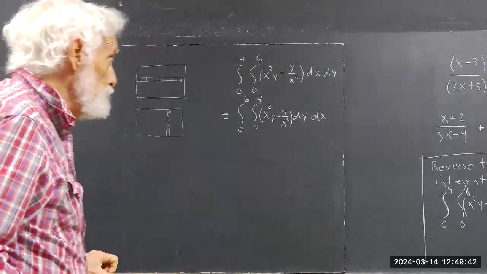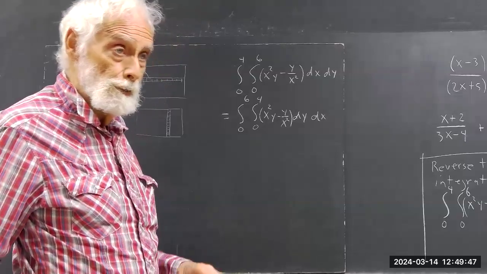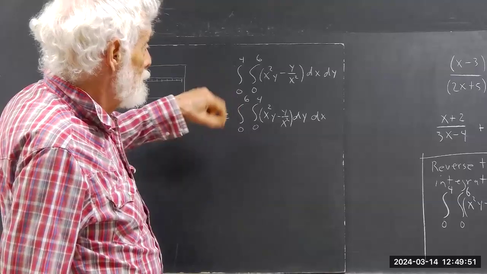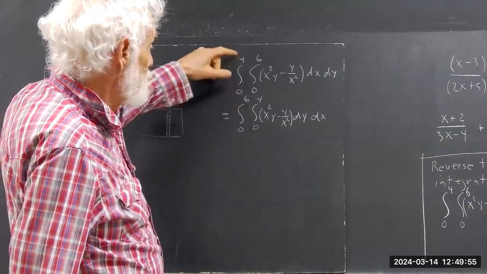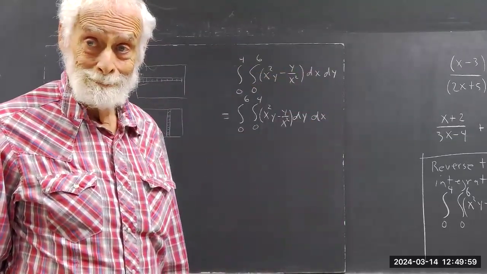Now, a lot of times, what I really was hoping not to see, and I don't think I saw it, so I'm happy, is people just keep the limits 0 to 4 and 0 to 6, but change the dx and the dy. Okay.